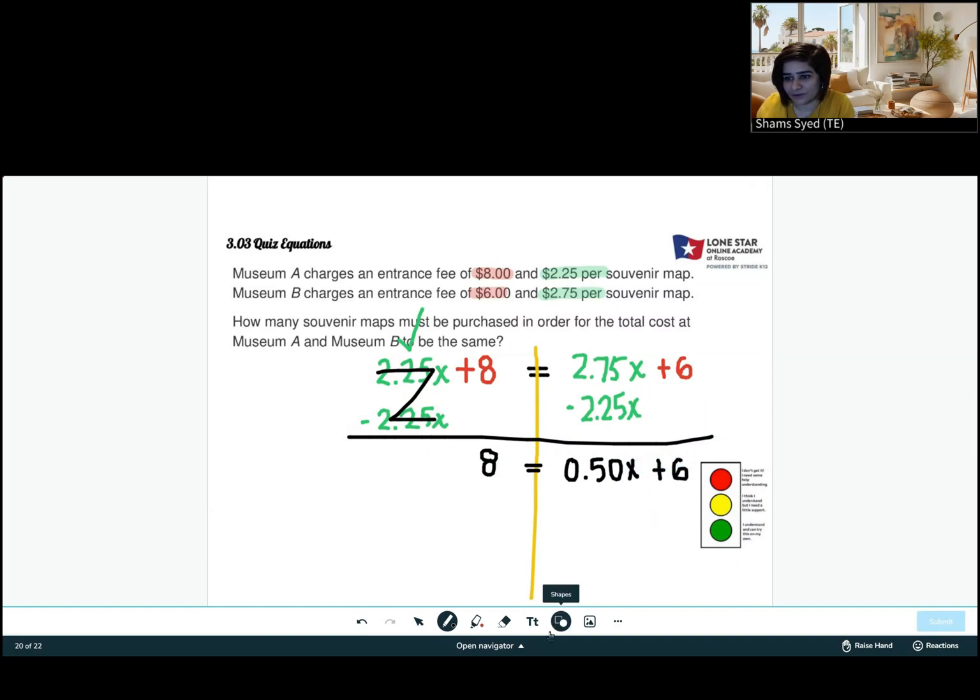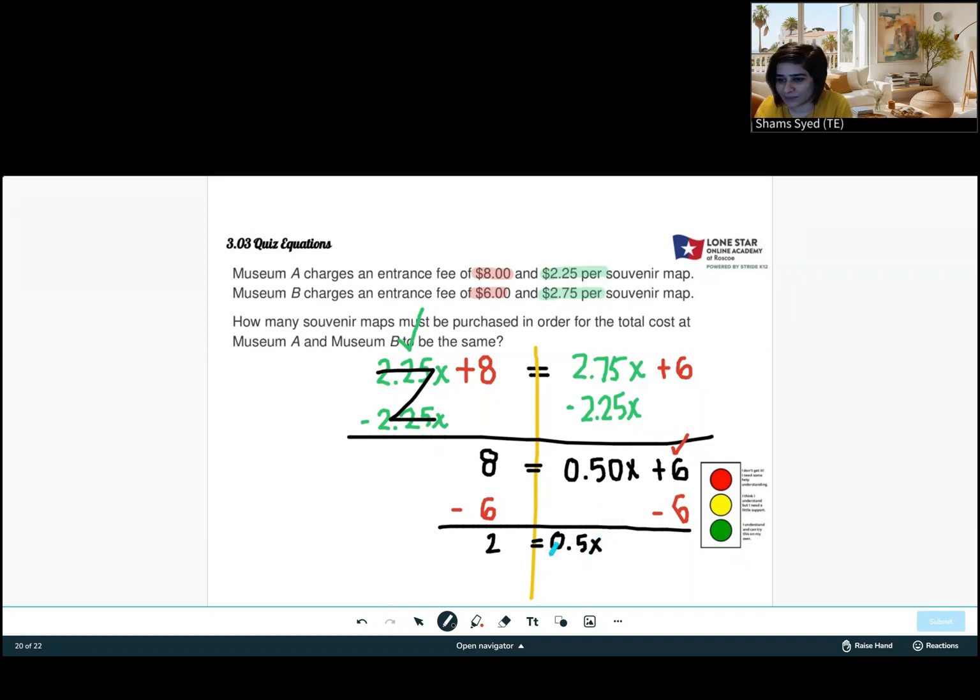We want to get rid of this constant of 6 first. We reverse the plus 6 by subtracting 6 on both sides. And let's see the impact of subtracting 6. You get 2 equals 0.5x, or 0.50x, right?